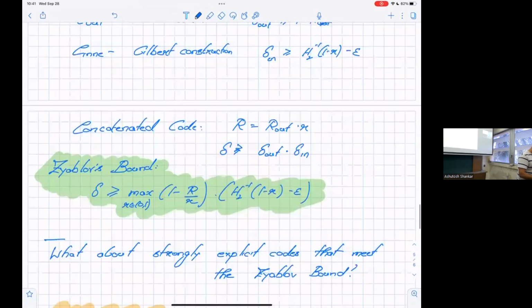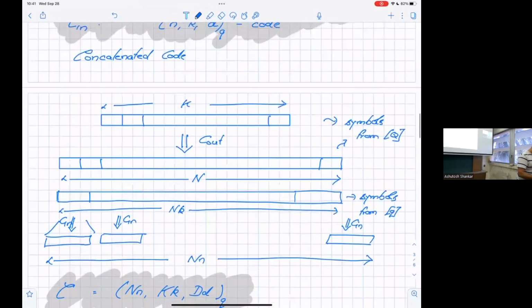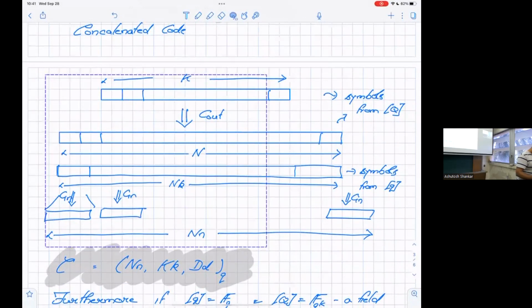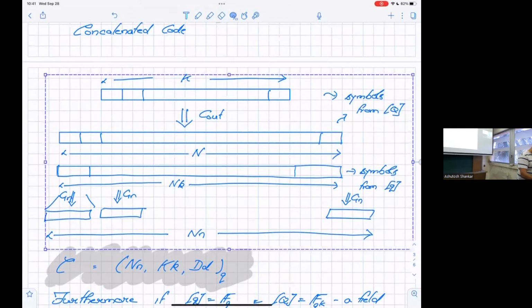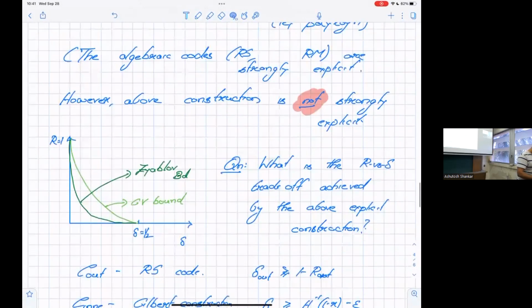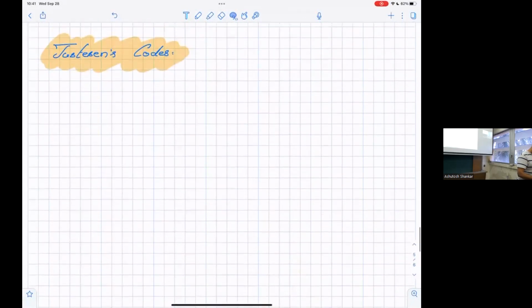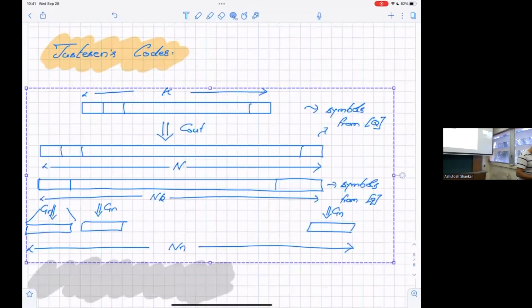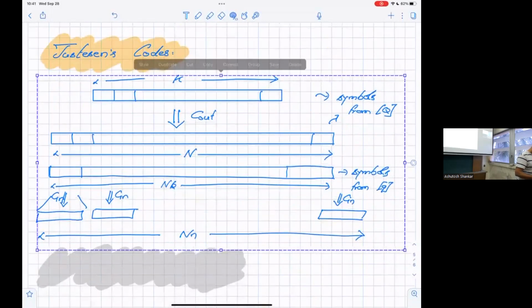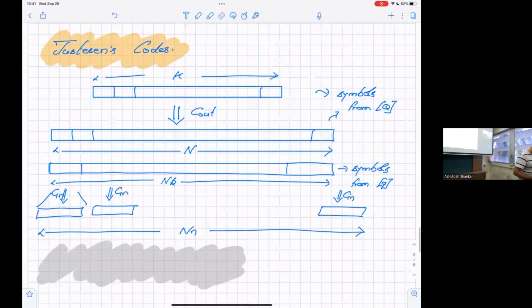Let's look at Justesen's code and go back to this picture. How did code concatenation work?